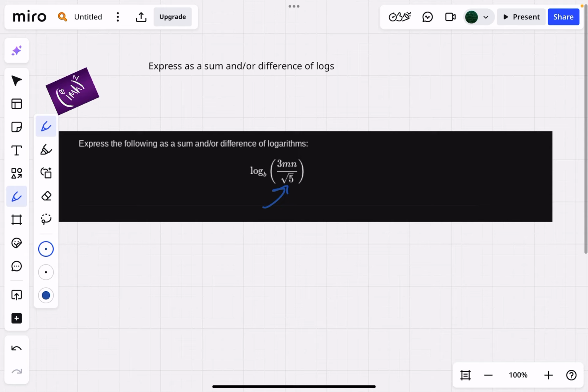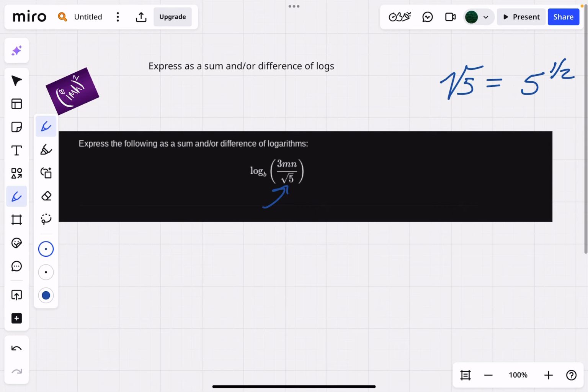So this square root of 5, remember, can be written as 5 to the power over the root. This is the square root of 5, so it can be written as 5 to the half power. As soon as it's written like this, now you can apply some different things, simpler things in my opinion.